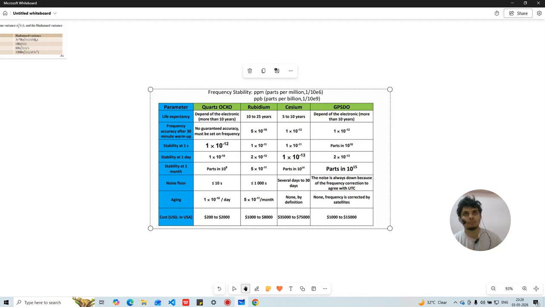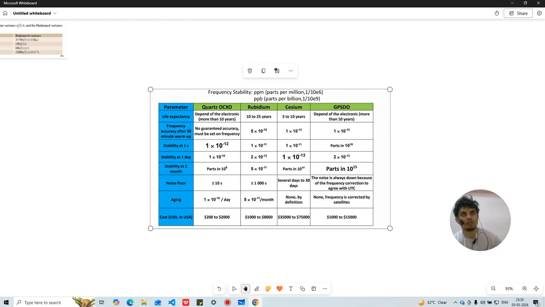So here are some BDS3 satellite clocks. What is a BDS3 satellite clock? Oh, BDS means BeiDou, and they use hydrogen atomic clocks and rubidium atomic clocks.